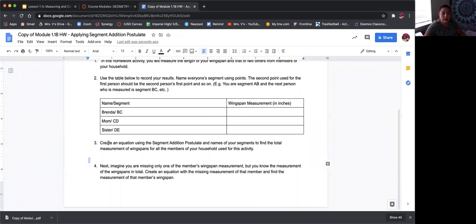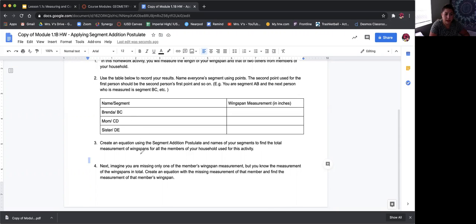Now let's see. Number 3, it says create an equation using the segment addition postulate and names of your segments. So remember that the segment addition postulate is going to be this here.